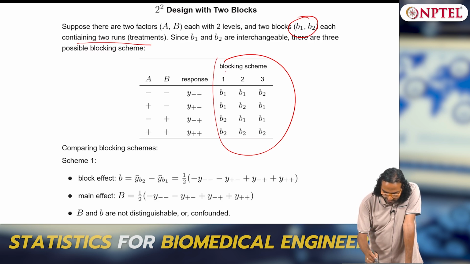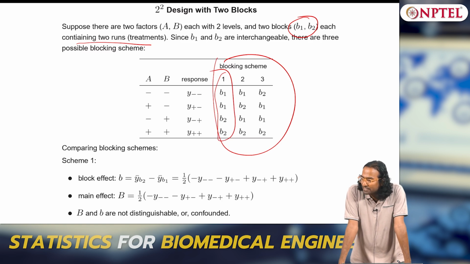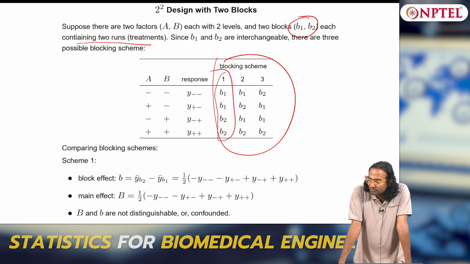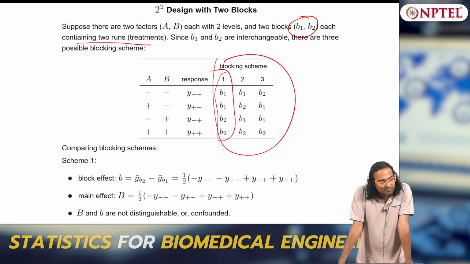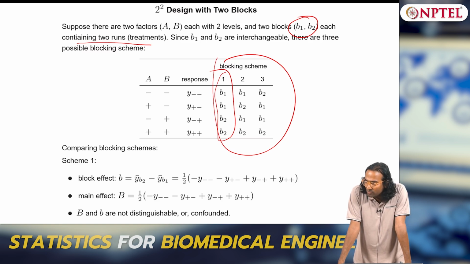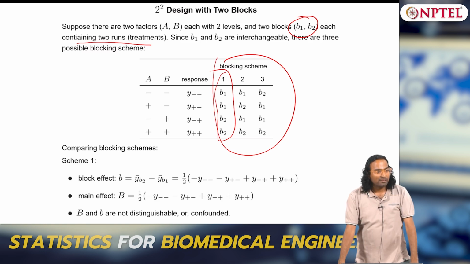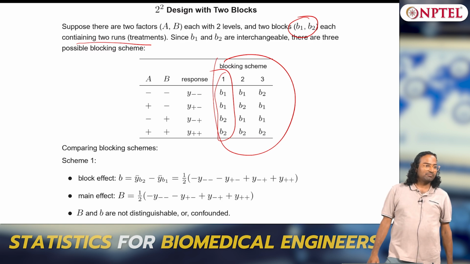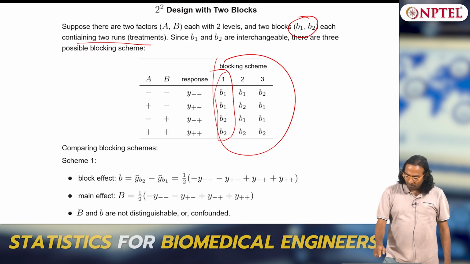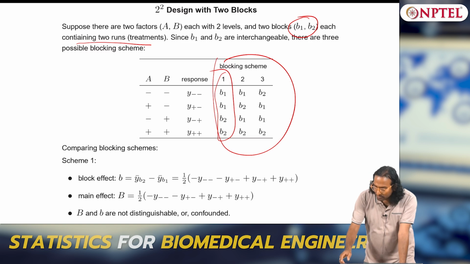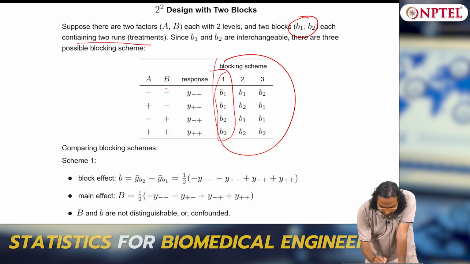This is my blocking scheme 1. How is it applied? What is kept constant? What is kept variable? You are seeing the table, right? I am talking about column 1 in the blocking scheme. B1 is when B is negative.